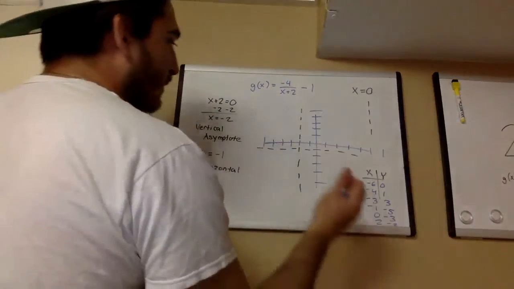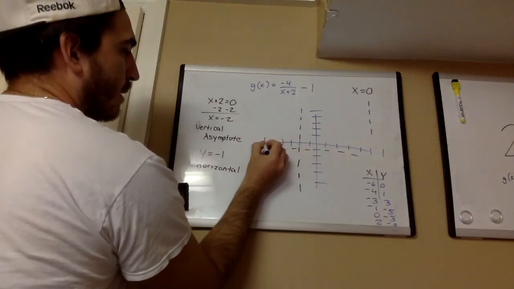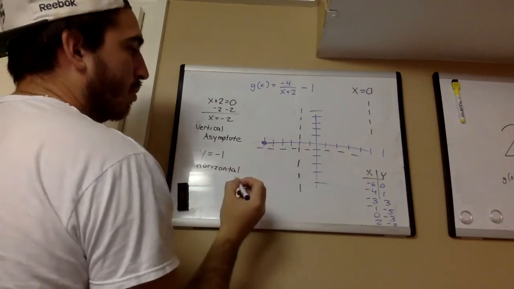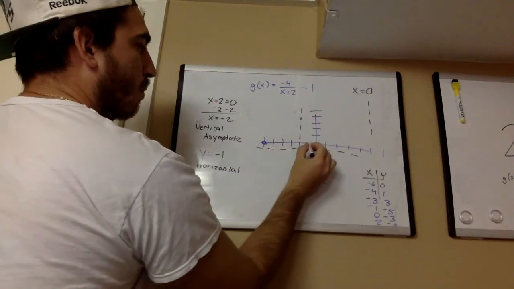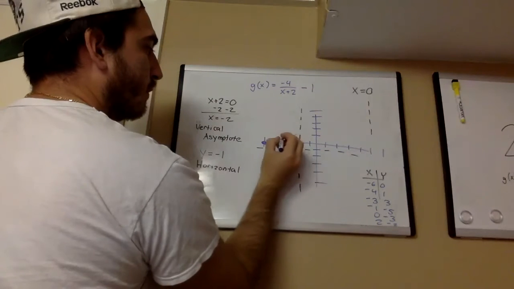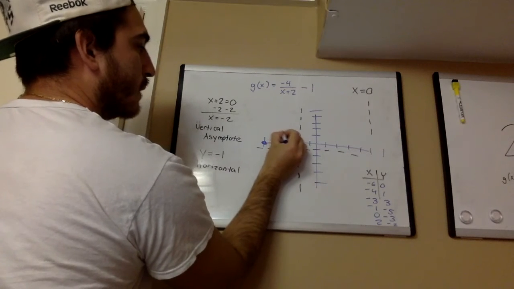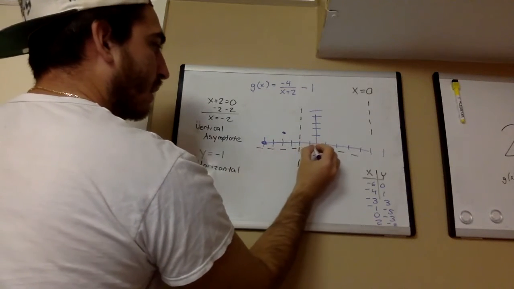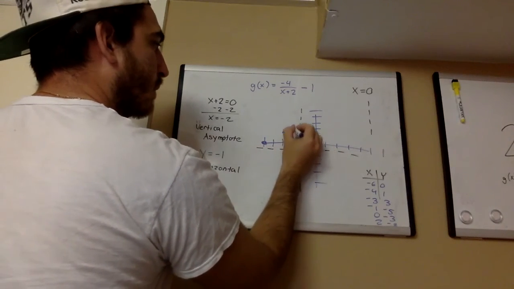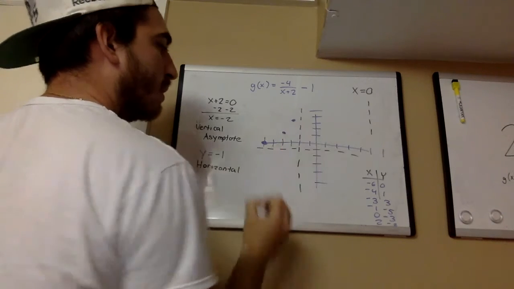But right here, we'll start graphing. We have (-6, 0), so (-6, 0) is right here. Put the point. (-4, 1): 1, 2, 3, 4, 1. It's about there. And (-3, 3) is about there.